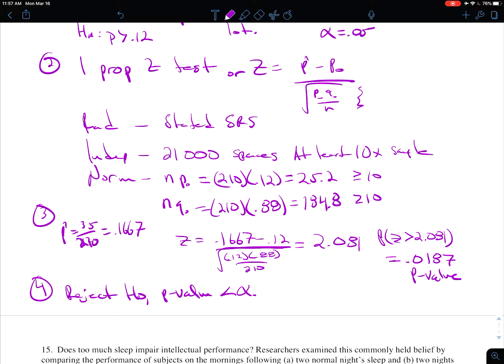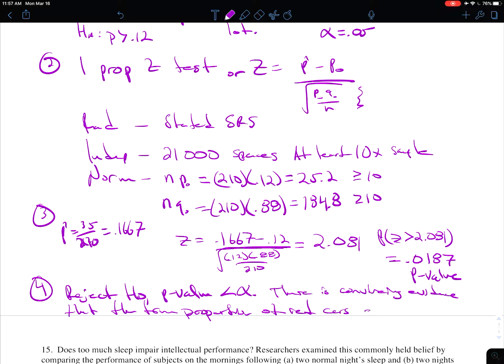And we conclude that there is convincing evidence that the true proportion of red cars at this ballpark is greater than 0.12.